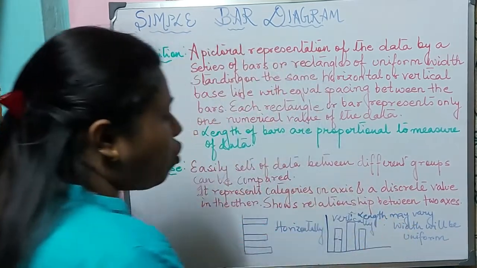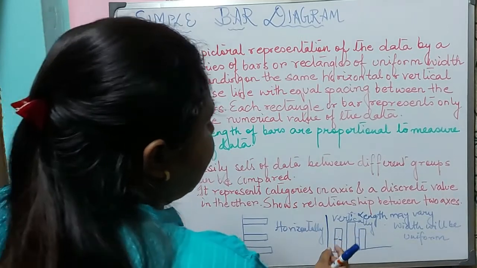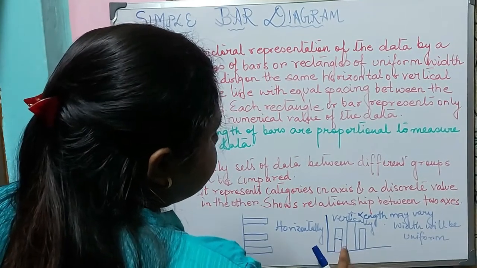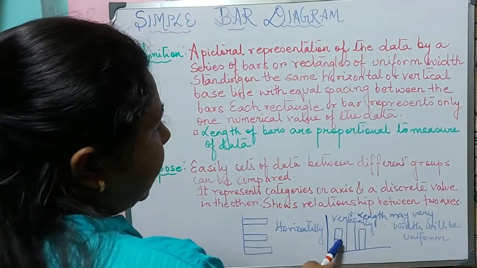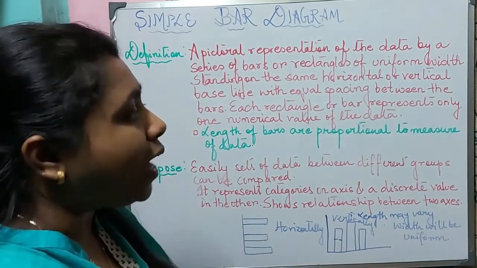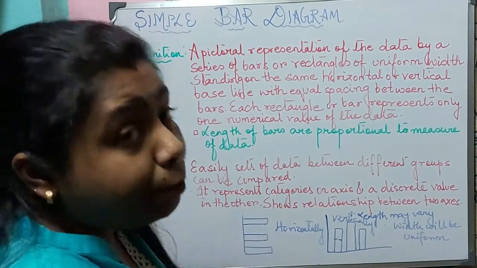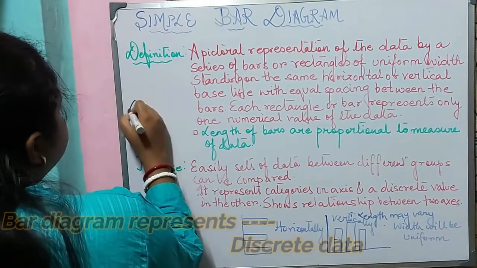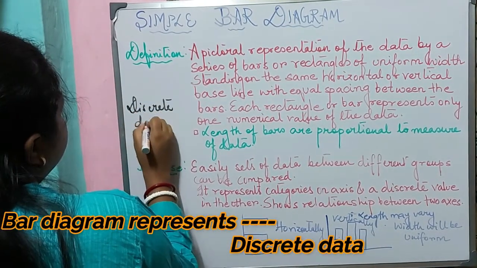So bars can be drawn both horizontally and vertically, and there should be equal spacing. That means the space between two bars should be equal. Each rectangle or bar represents only one numerical value of the data. Mainly, bar diagram represents discrete data.